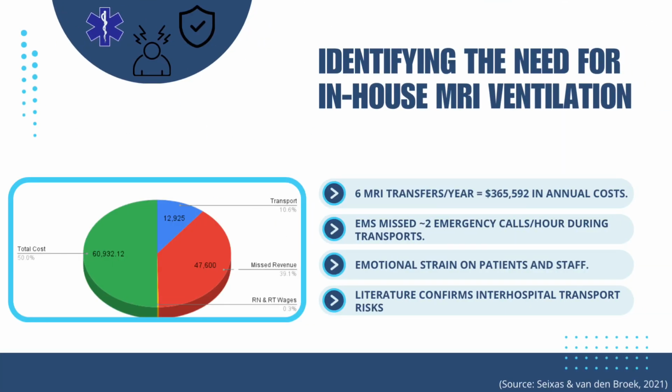So, identifying the need: the transports didn't just cost a lot of money, they also impacted patient care. During these transports, our EMS team would miss approximately, based on historical data, 2 emergency calls per hour that they were away.